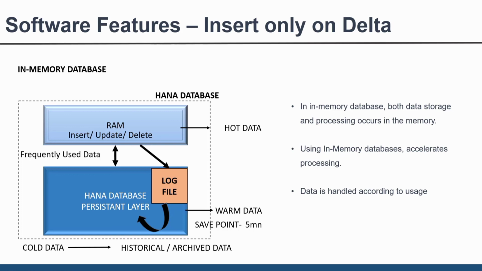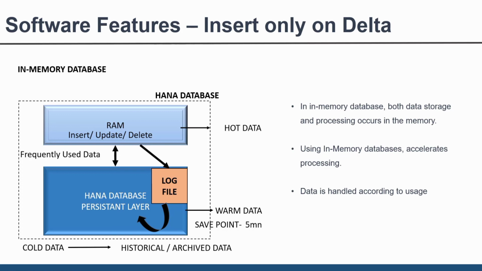I will quickly revise what I am saying. We are talking about a user who is working on sales order data. That is hot data which has been loaded into RAM, and now the user has started changing that data. The change will happen in RAM. However, the change will also get recorded in the log file, which is part of the persistent layer.